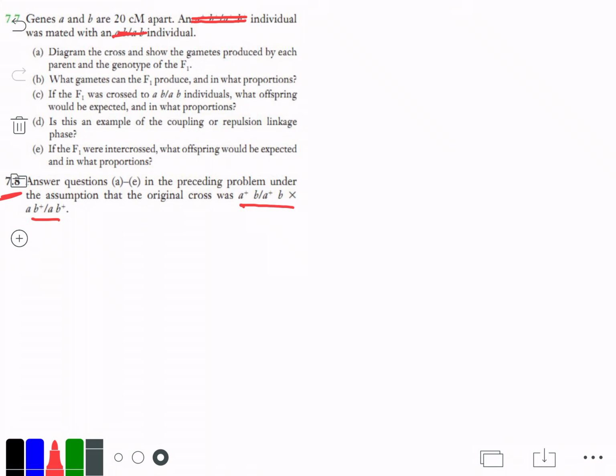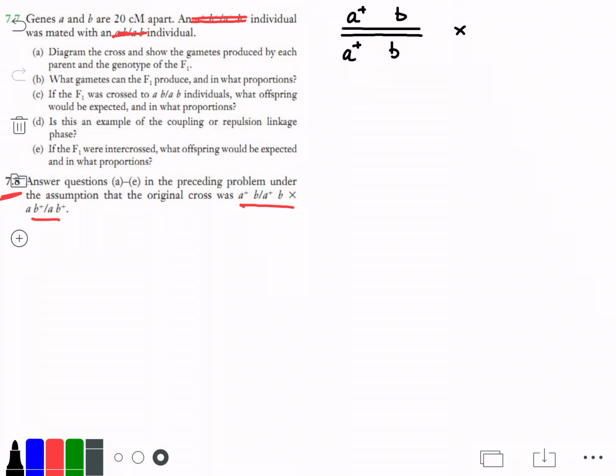Now remember, with our linkage way of writing, when we say, for instance, in this problem, A plus B slash A plus B, what we're saying is that we know on which chromosome in the organism these alleles lie. And so we have one chromosome and then the homologous chromosome.